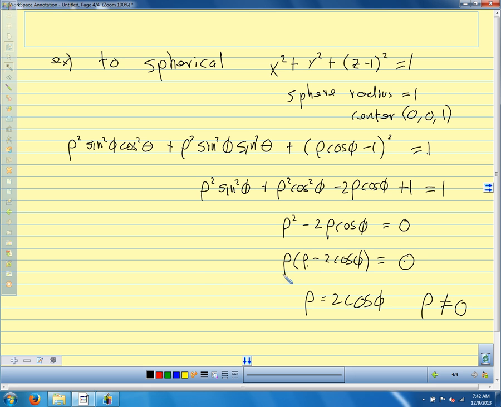I'm assuming that rho is not equal to 0, so I can divide out that rho. But this would give us rho equals 0 also. So we could leave this condition off. I guess I could put it up here that we're assuming that rho is not equal to 0 because we're not losing a solution. As long as we don't lose a solution by dividing by rho, we're okay. So be a little more precise.